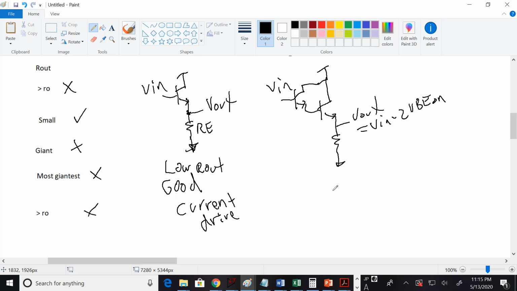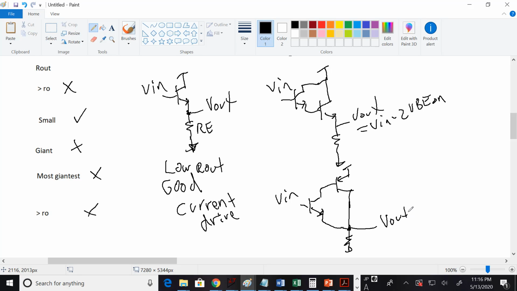which is a PNP, and it sees a collector here, but this is an emitter right here.